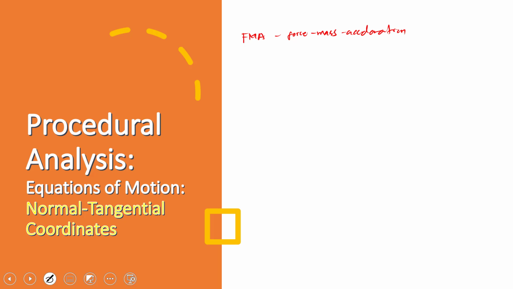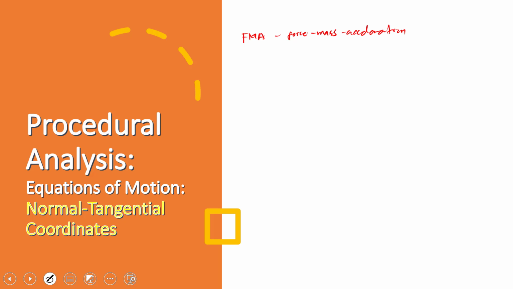We try to solve the acceleration given the force, and we try to solve the force given the acceleration. Of course, mass is always given in almost any kind of problem. Other methods are also available, like work-energy and impulse-momentum methods, but our focus this time is only on the equations of motion.